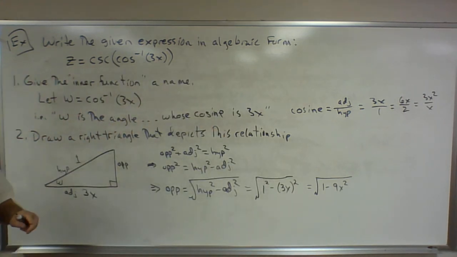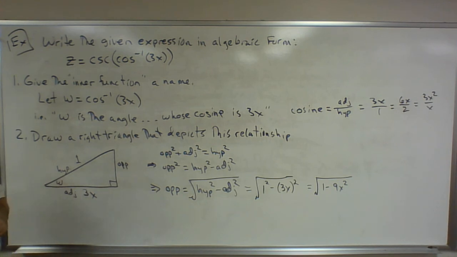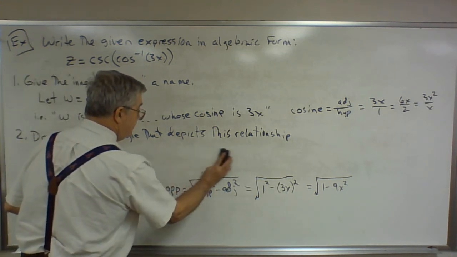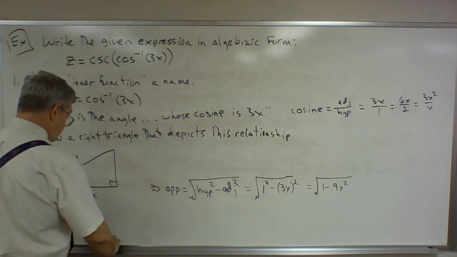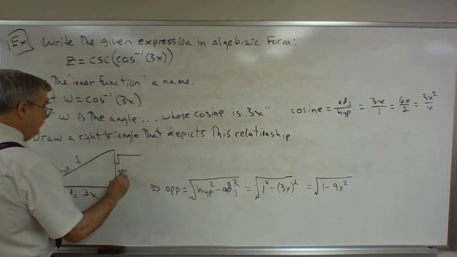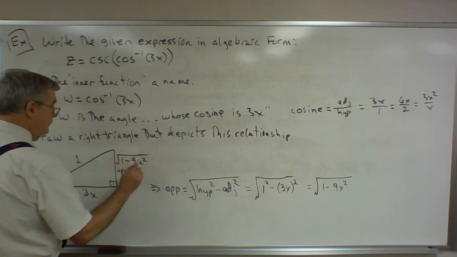I'll let you look at that for a second before I add this to the triangle. Hypotenuse squared minus adjacent squared, yeah, that looks good. So here's the opposite, the square root of 1 minus 9x squared.